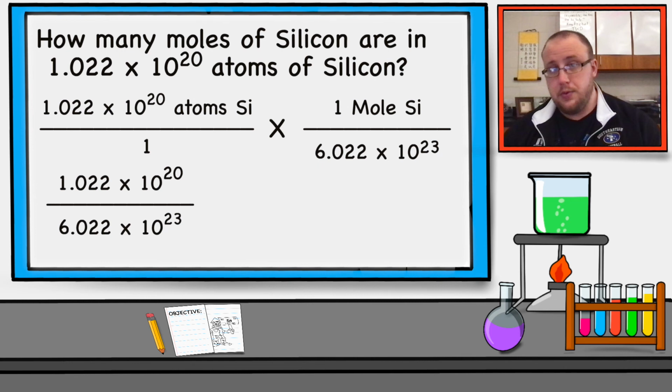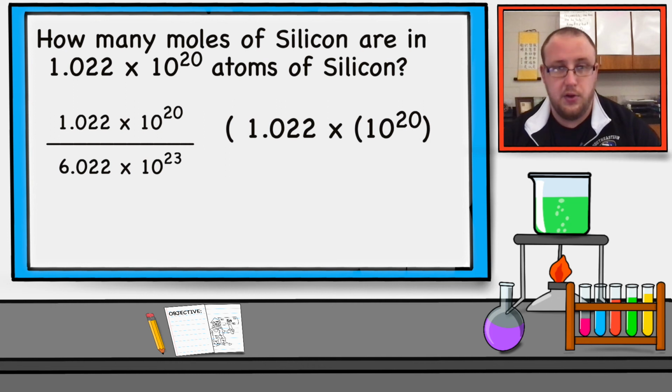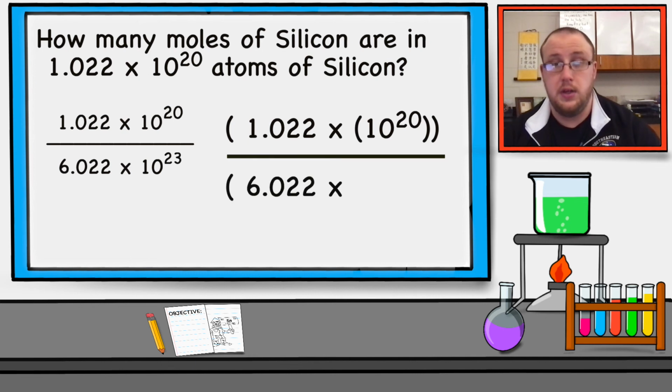Make sure you are using your parentheses in this one. So I'm going to show you on the screen how I would type this in. So here we go. I would type in open parentheses 1.022 times open parentheses again 10 to the 20th power close parentheses again divided by open parentheses 6.022 times open parentheses again 10 to the 23rd power in parentheses twice, then I would hit enter.